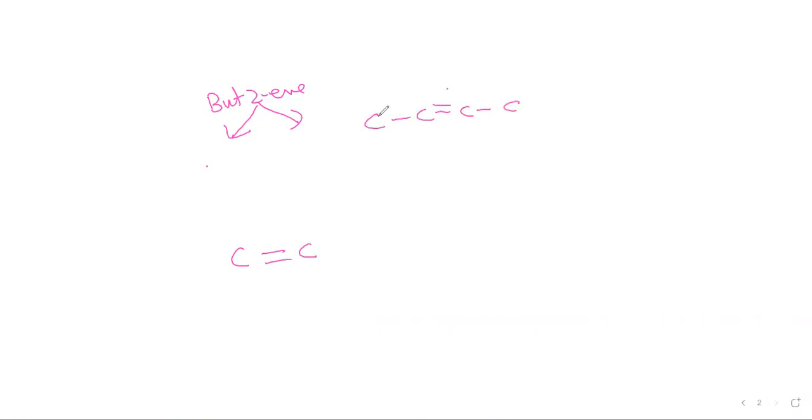I am just writing this, and they would have one H and one H. So I am writing this part first: C double bond C, connected with H and H. And one carbon of this is connected with H and one is connected with CH3.